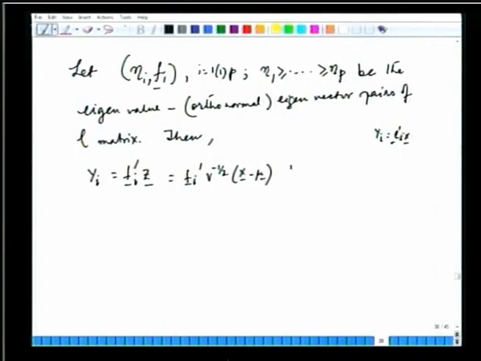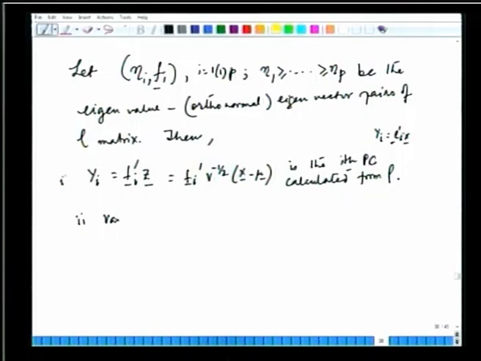So this is the ith principal component calculated from rho.